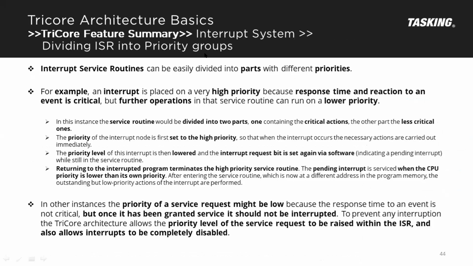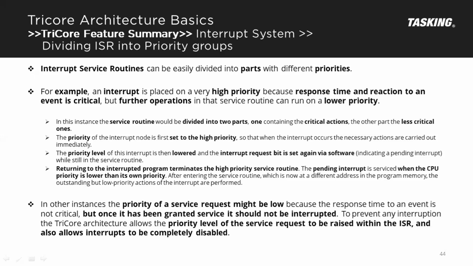All right, so this is a use case that's related to the interrupt as well. I have one interrupt, and this one interrupt could be divided into different pieces. The first part of the interrupt, let's say, has a very high criticality, but the second part of the interrupt service routine is not really very critical. Something like this you could do with the TriCore architecture, because first you assign a very high priority to the interrupt service routine, so once it happens, it will have a very high priority.